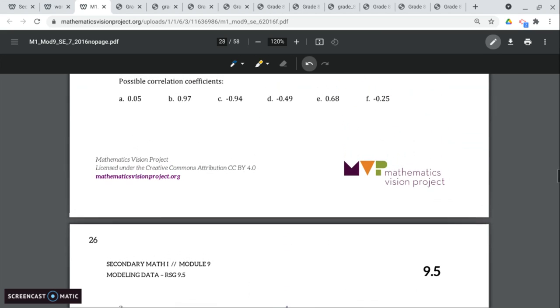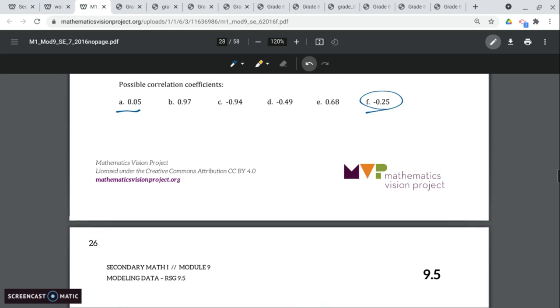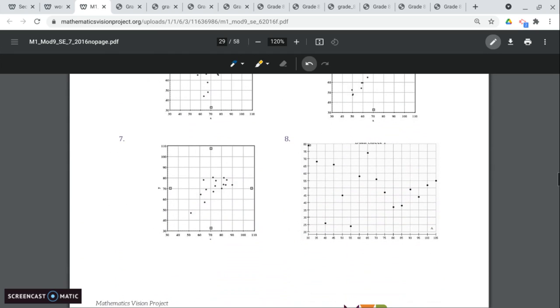If we look back at these, we need one that's pretty decently far apart. Now, based on the scale, they're not super far apart compared to one of the others, but it is kind of going in a negative direction. So it's not going to be the 0.05. It's actually going to be F because it's going in that somewhat negative direction. So this one is F.